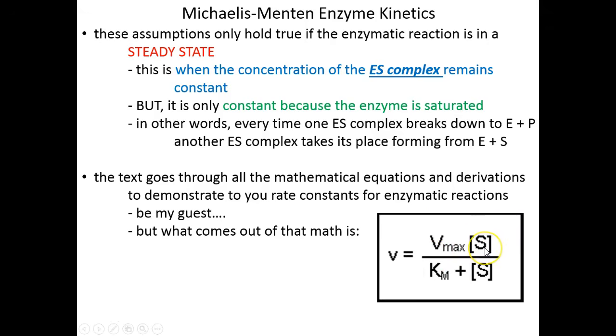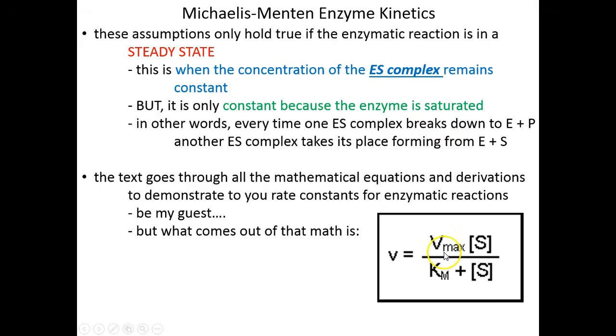Vmax times the substrate concentration you're interested in, divided by Km, another property of the enzyme that never changes, plus the substrate concentration. So in other words, let's say you're curious, I have an enzyme X, and I wonder what the velocity of the reaction would be if I had 10 micromolar substrate for enzyme X. You can calculate that reaction velocity using this equation.